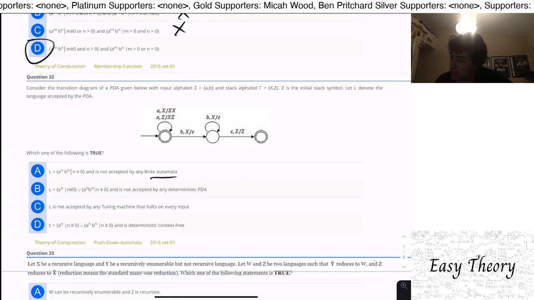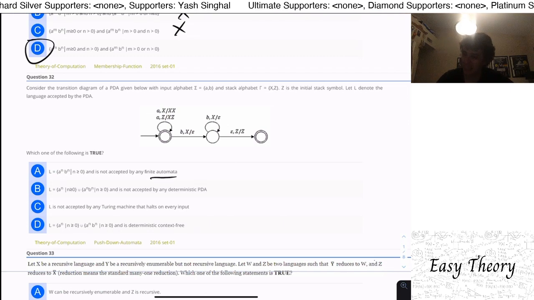And it's deterministic context free because all of the transitions are incompatible with each other. These two transitions can't be done at the same time as this one because this reads a B and these read A's. These two can't be done at the same time because different pops, and these two can't be done at the same time because different pops. So it's deterministic context free.